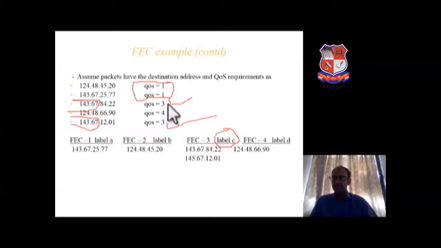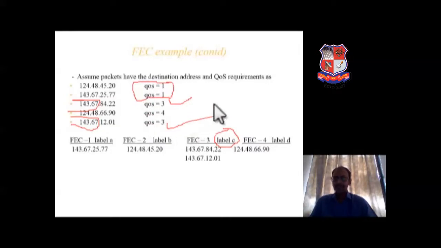So why have we given that? Because here QoS is the same and the address prefix is also the same. If you look at this QoS 4, that is an entirely separate destination address, 124.48, also having another address with the same address prefix, but both differ in terms of quality of service parameter.